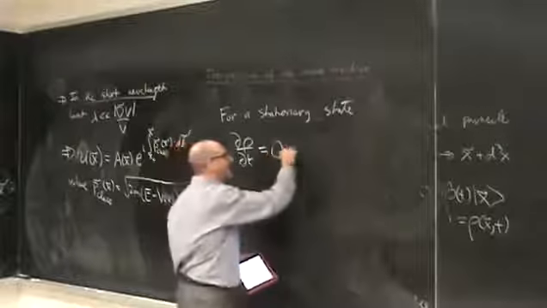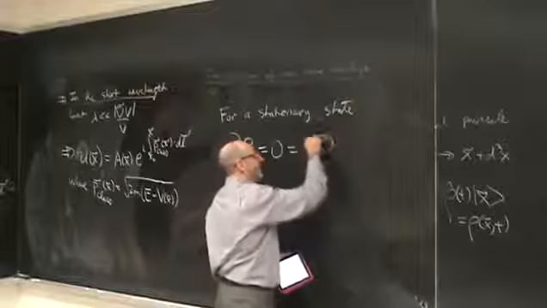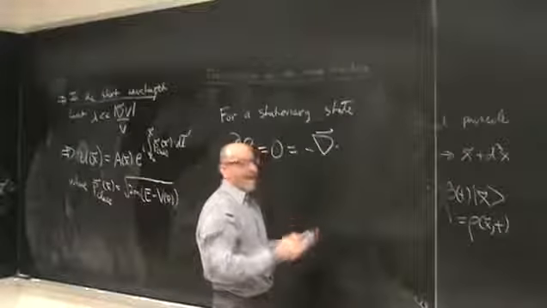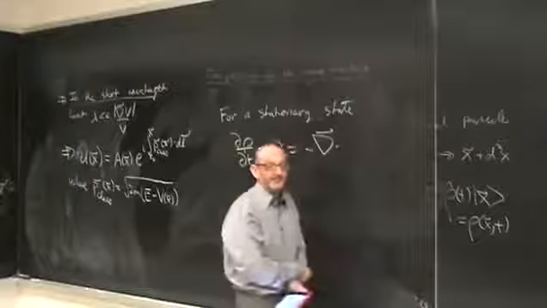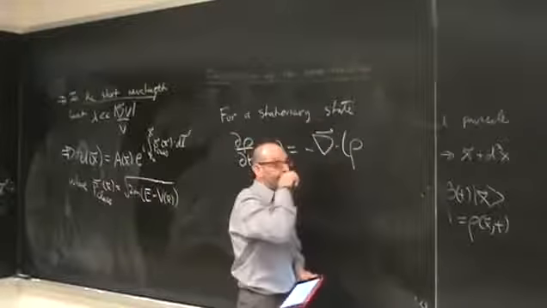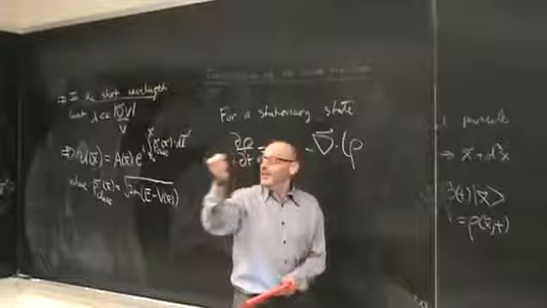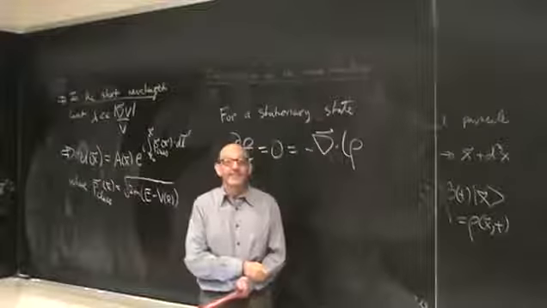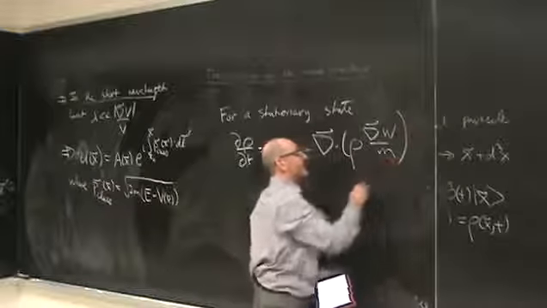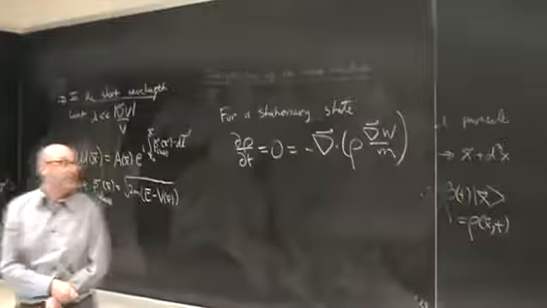But partial rho by partial t is minus the divergence of the probability current, right? And what's the probability current? Well, the probability current is the local probability density times the gradient of the phase over mass. That's what we said.